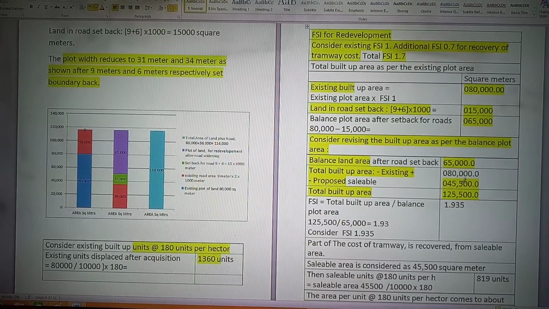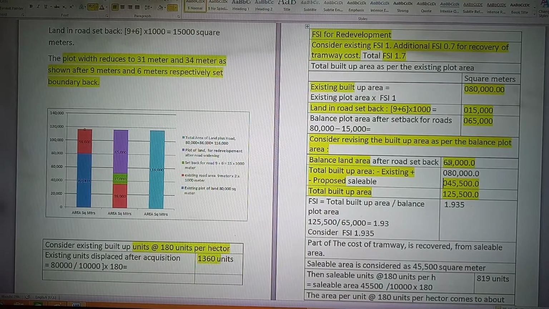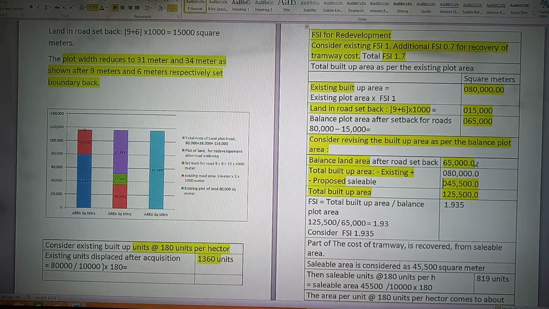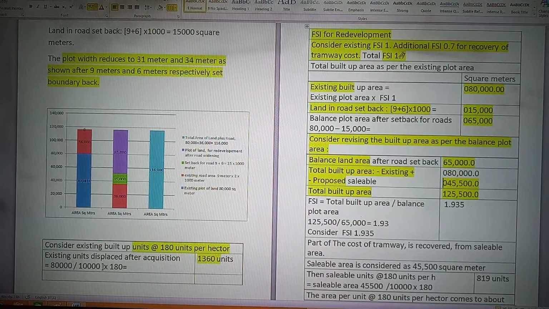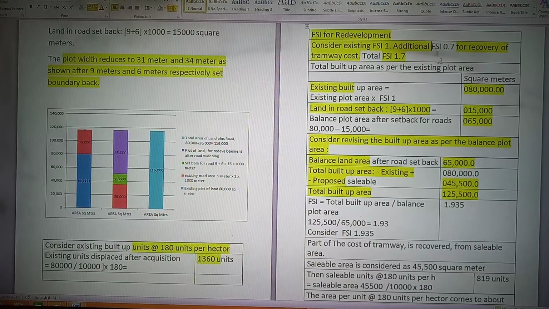We got it by multiplying 65,000 square meters by the additional FSI 0.7.